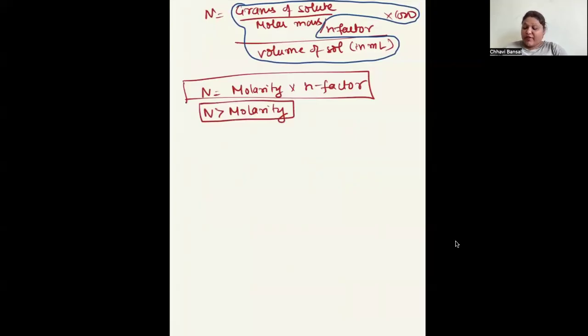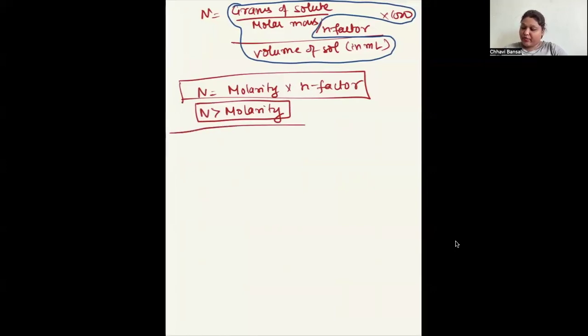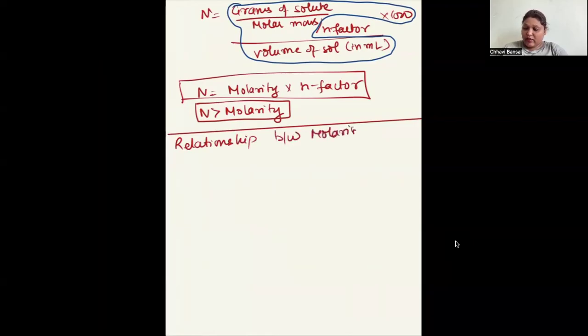Clear? We can also find one more relationship, which is the relationship between molarity, percentage W by W, and density.